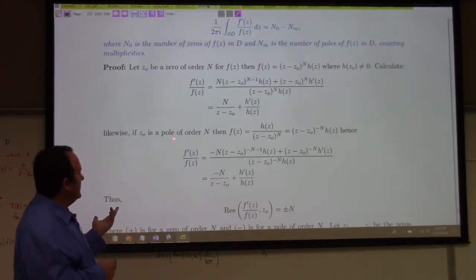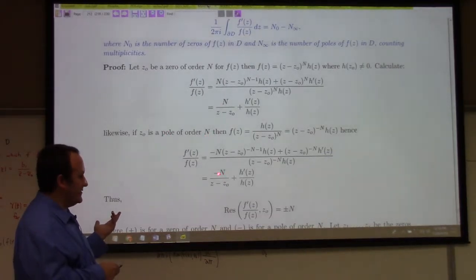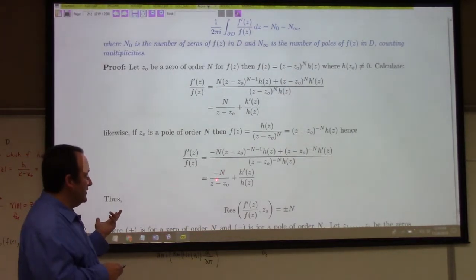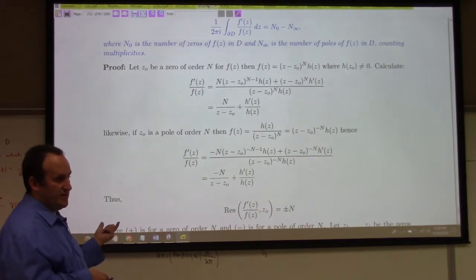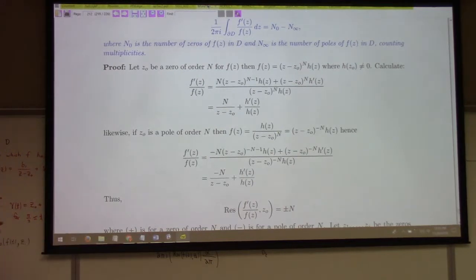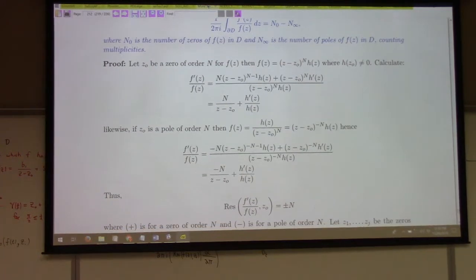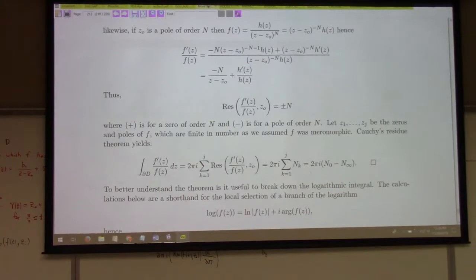Now here, a pole of order n gives us minus n as the residue at z naught. So depending on whether z naught is a zero or a pole of order n, we get the residue as plus or minus n. Plus for the zero, minus for the pole. And then Cauchy's residue theorem finishes the argument.